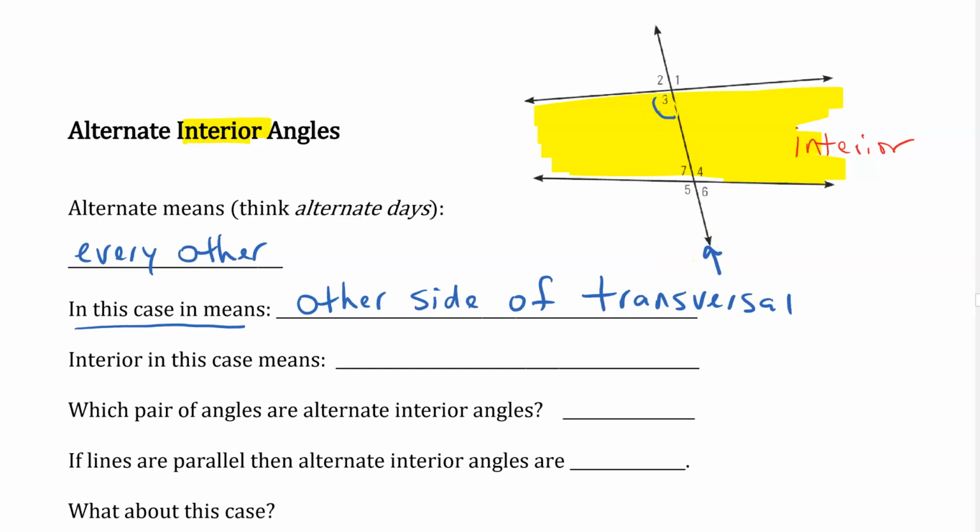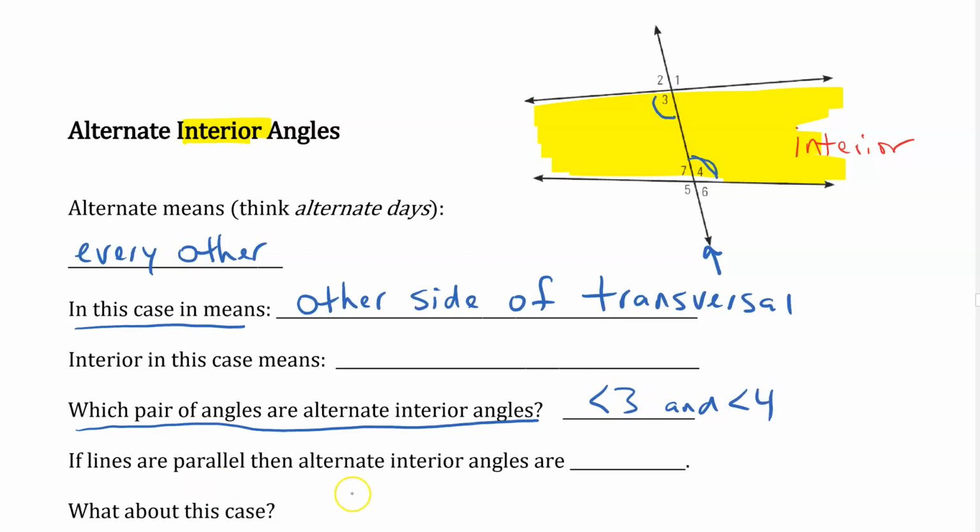So if 3 is on one side of the transversal, what's an angle that is still an interior angle, still in the yellow zone, but is on the other side of the transversal? It's over there. So angle 3 and angle 4 are alternate interior angles. Which pair of angles are alternate interior angles? Angle 3 and angle 4.